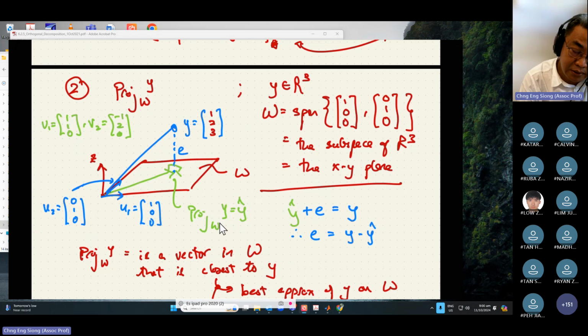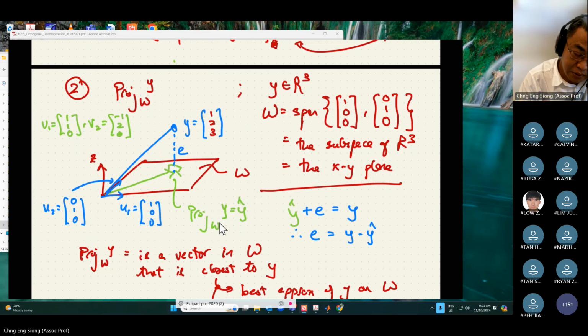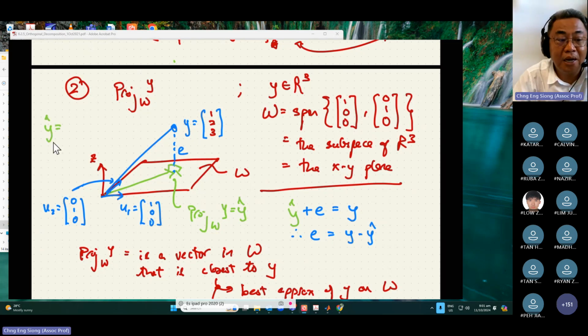Now, once you have a basis, guys, what do you think I'll write for y hat? Y hat equals to what? I have a basis. What do you think y hat looks like with respect to this basis? Y hat is this point within W. It's spanned by these two bases.